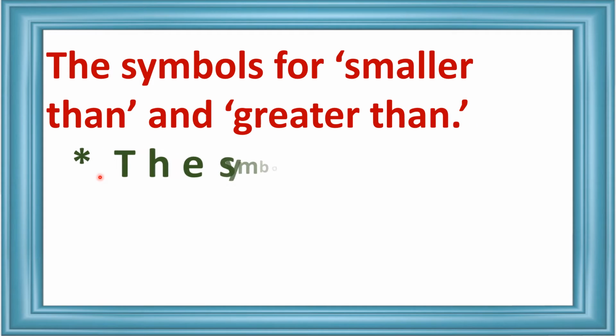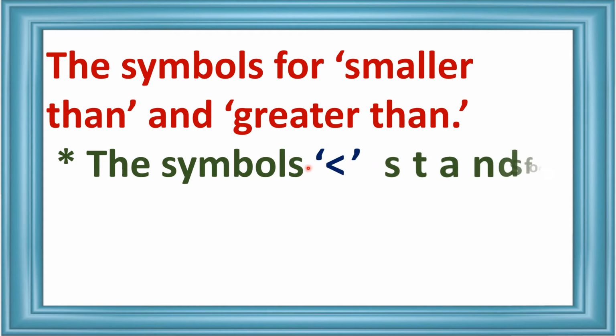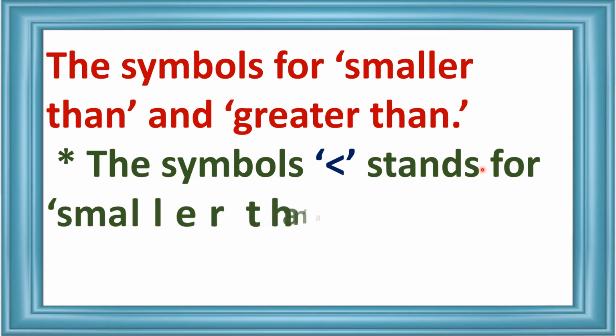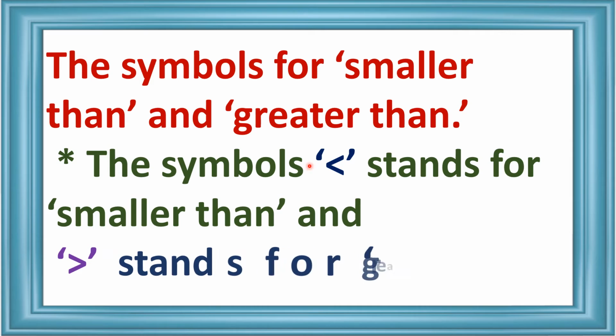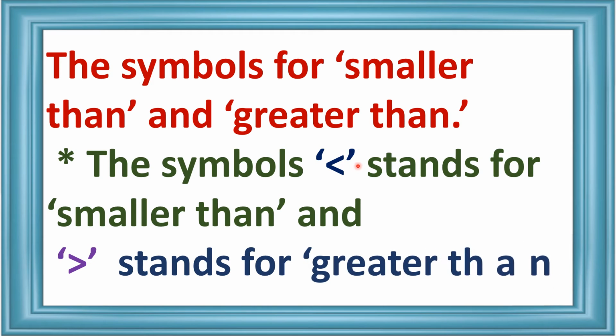See the first one, this symbol stands for smaller than. It means the first number is smaller compared to the second number. And here the first number is greater, because of the open mouth, compared to the second number. It stands for greater than. Remember this.